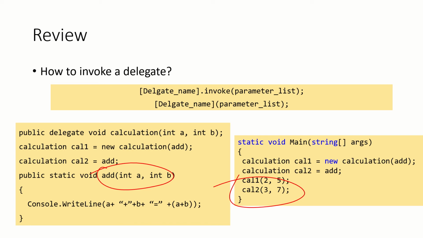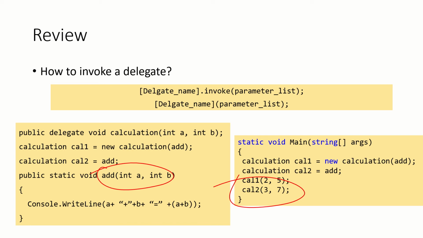For the delegation, we encapsulate the method into the delegate method. We hide the detail of the method and represent it using one delegate, right? That makes sense? Okay, so there's something you need to beware.